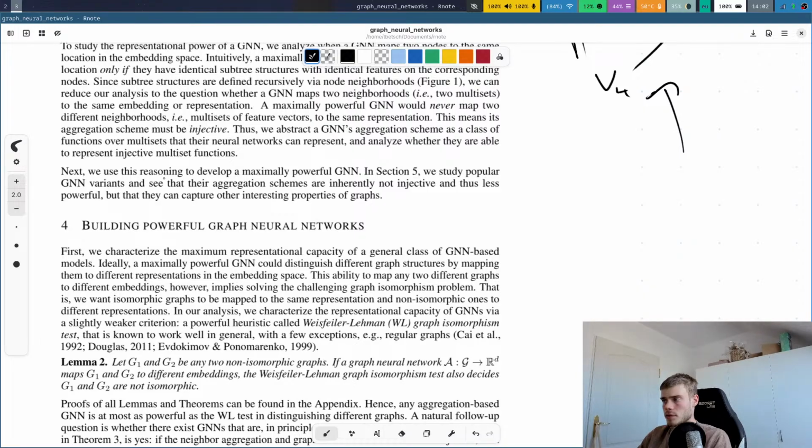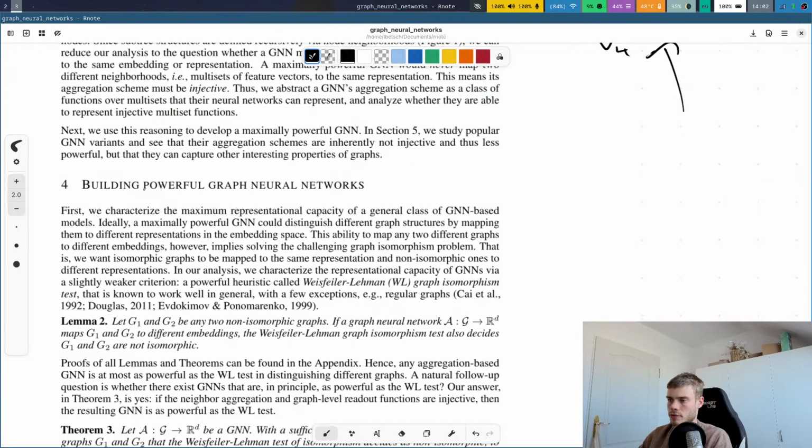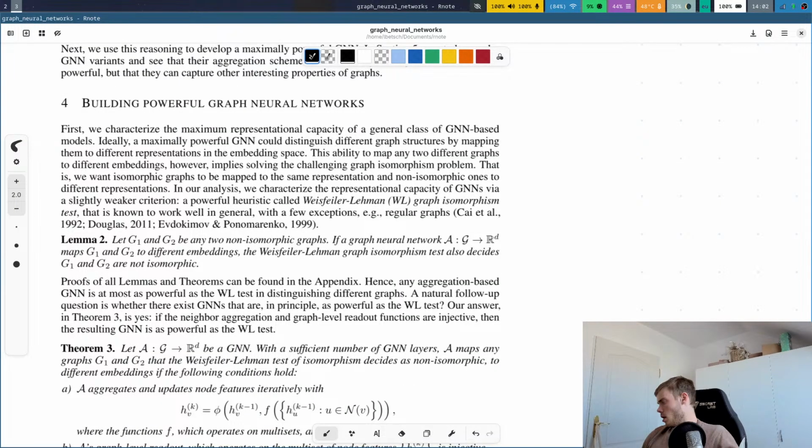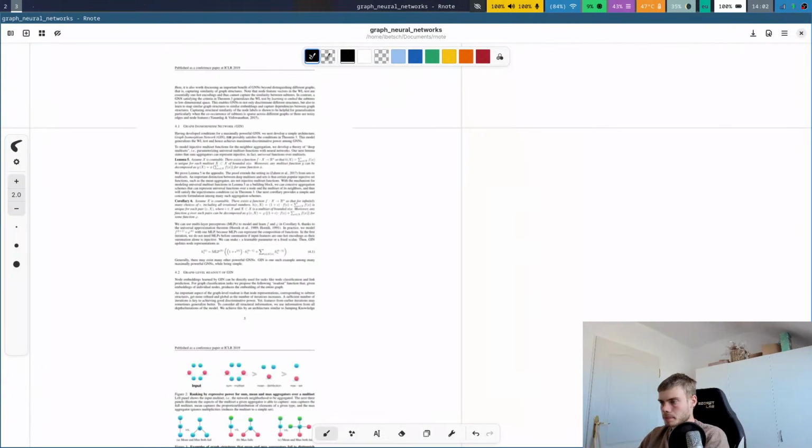In section 5, we study popular GNN variants and see that their aggregation schemes are inherently not injective and thus less powerful, but that they can capture other interesting properties of graphs. Okay. Section 4, building powerful graph neural networks.